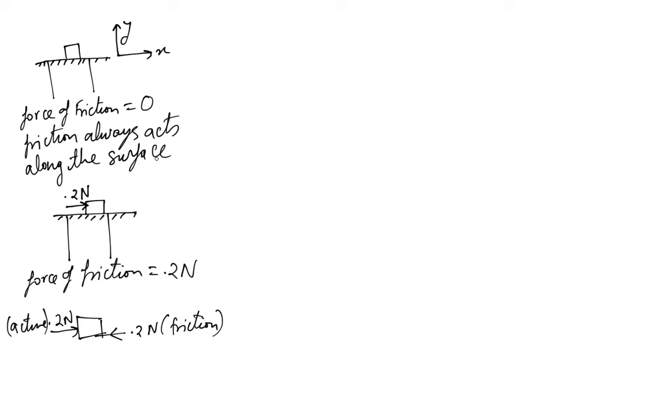Okay, let's increase it even further. You might have seen it if you have a book lying on the table, and if you apply a small force, you will see the book will not move. But if you keep increasing the force, what happens? After a while the book starts moving, right? So let's say you have this book here, and you apply a 1 Newton force, and let's say even for 1 Newton the book is not moving.